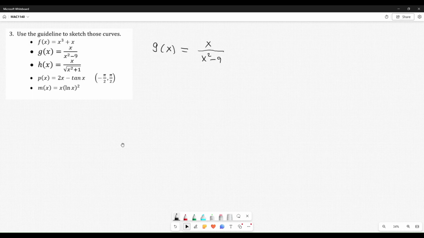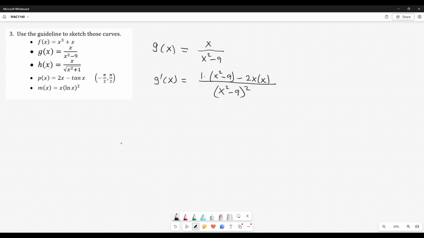Okay, now the calculus part. Compute the first derivative. So g prime of x, by the quotient rule, is equal to the denominator, x squared minus 9, squared. The derivative of the top is 1 times x squared minus 9, minus the derivative of the denominator, 2x, times x.